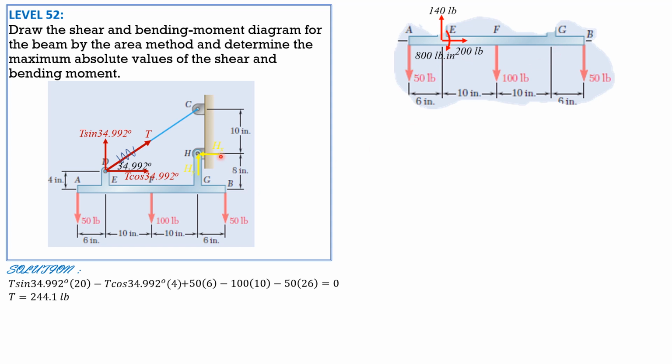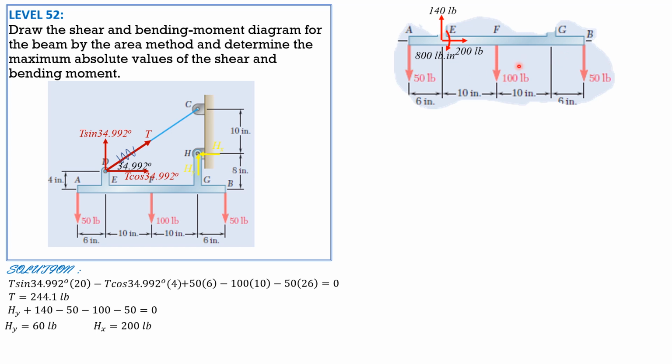Then at H, summation forces Y equals 0, so Hy plus 140 minus 50 minus 100 minus 50 equals 0. So Hy is equal to 60 pounds. Then Hx must be equal to 200 pounds also, but it is leftward.